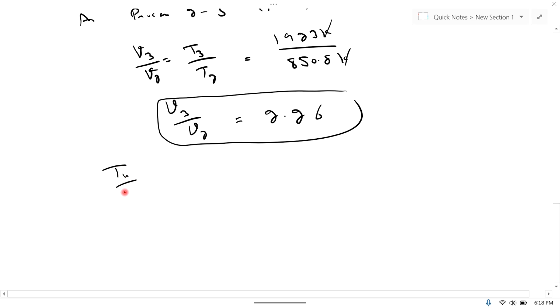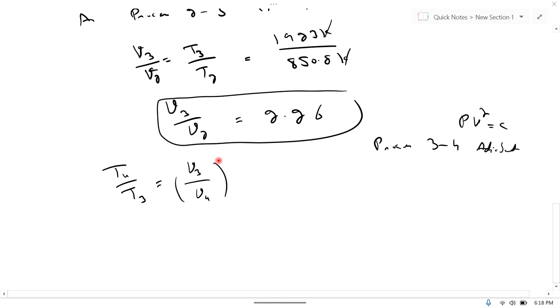T4 divided by T3, process 3 to 4. Process 3 to 4 is adiabatic, so PV^gamma is equal to constant. So here we can apply the equation T4 by T3 is equal to V3 divided by V4 power gamma minus 1. Divide numerator and denominator by V2.